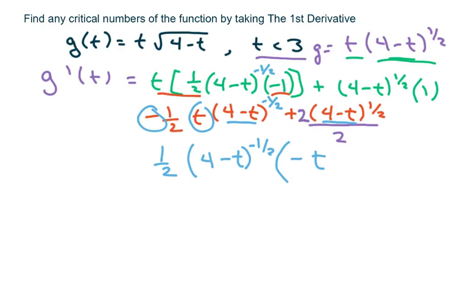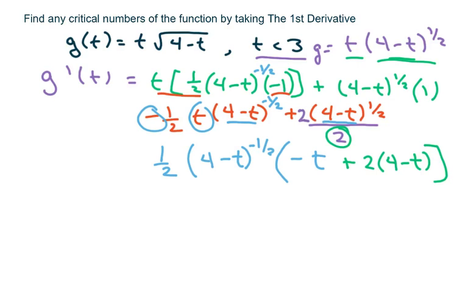I already pulled out the 2 from here, so this is going to be plus 2 times (4 minus t). And notice I don't have the 1/2 here.